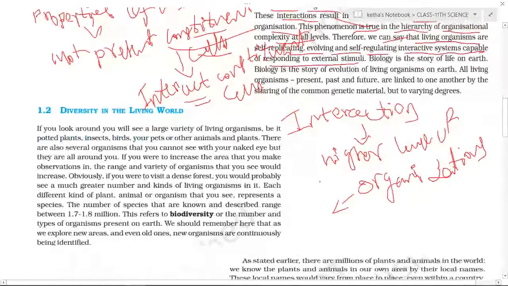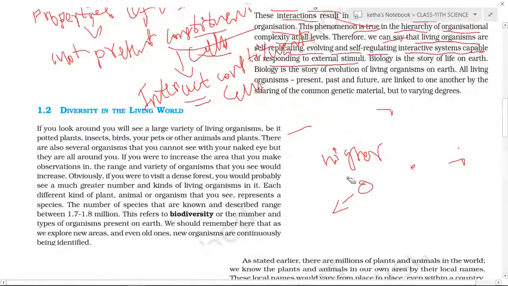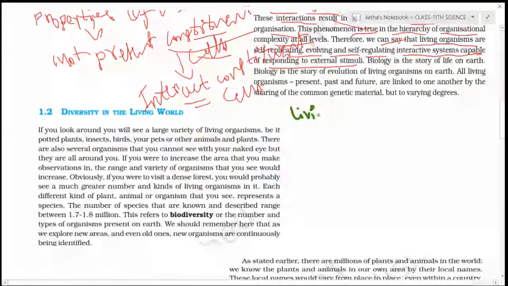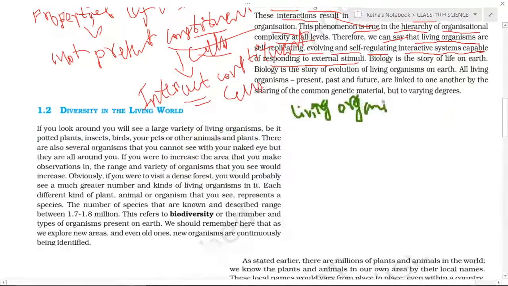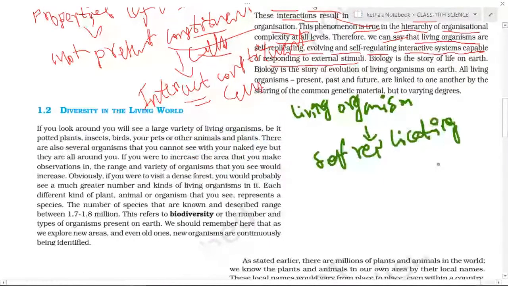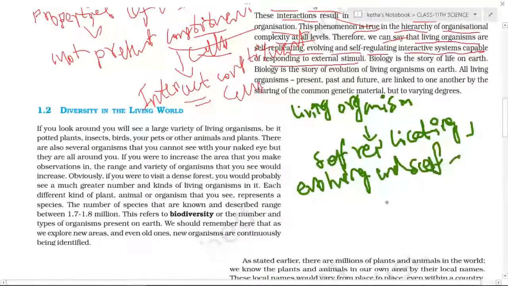So here we can say that a living organism can self-replicate, they can evolve, and they can self-regulate by themselves.